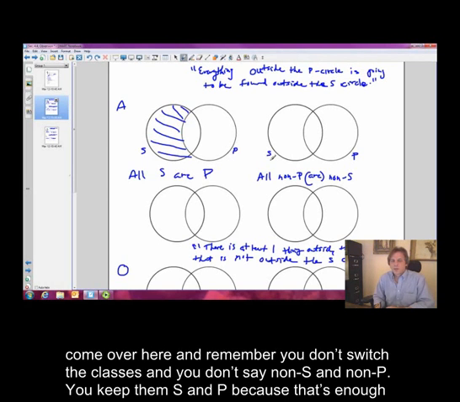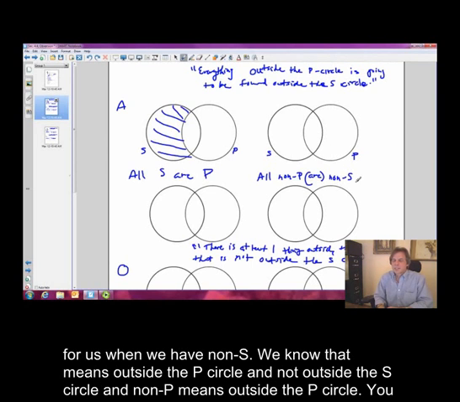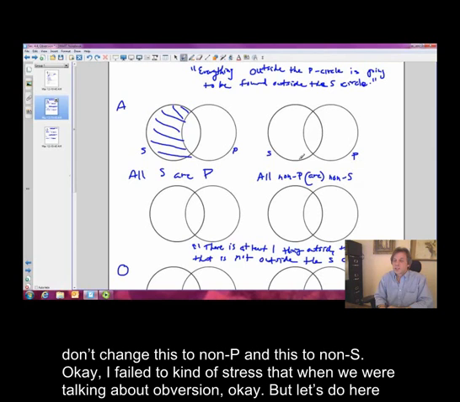So you come over here, and remember, you don't switch the classes, and you don't say non-S and non-P. You keep them S and P, because that's enough for us when we have non-S. We know that means outside the S circle, and non-P means outside the P circle. You don't change this to non-P and this to non-S. Okay, I failed to stress that when we were talking about obversion.